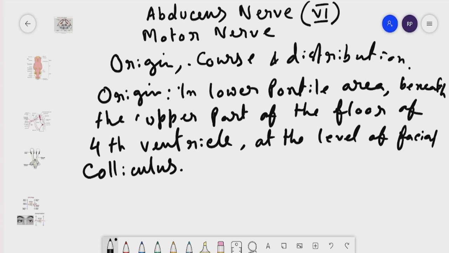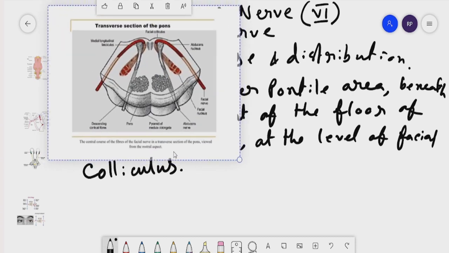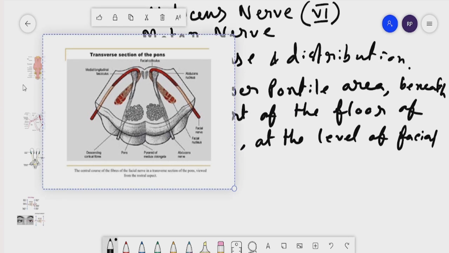So now let us bring the picture. This is a transverse section of pons, and this is the abducens nucleus in each side.